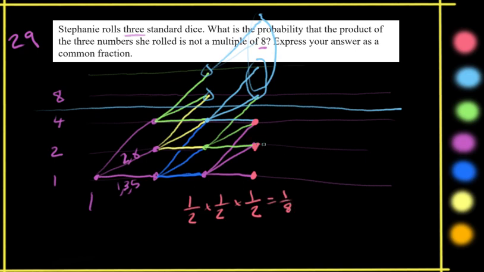Now, what about to get here? This one's a little bit more tricky. I could go over, over, up, or I could go over, up, over, or I could go up, over, over. Basically, I'm going to have to go over twice and up once, where over means odd and up means either 2 or 6. I'm not talking about way up. Or maybe I'll call the one that gets a 4 way up.